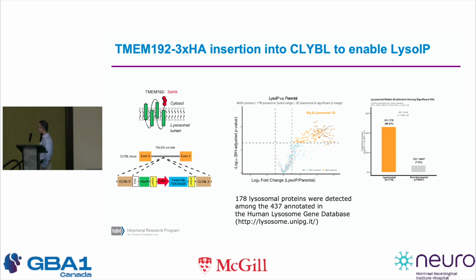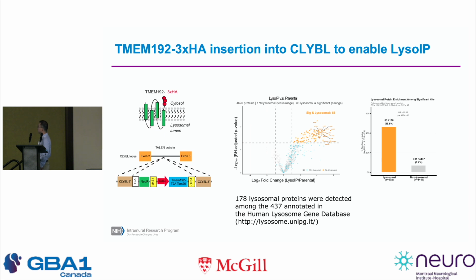We used magnetic beads to pull down lysosomes from the edited line as well as from the parental line as a control. Cross-referencing the human lysosome gene database, we detected over 100 lysosomal proteins in our dataset, and 83 of them are significantly enriched in the lyso-IP samples.